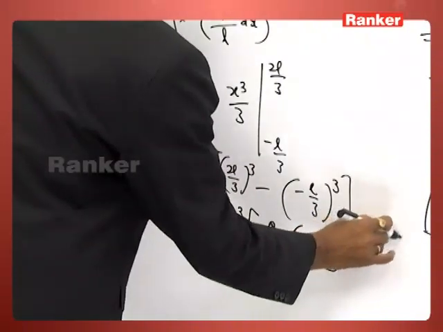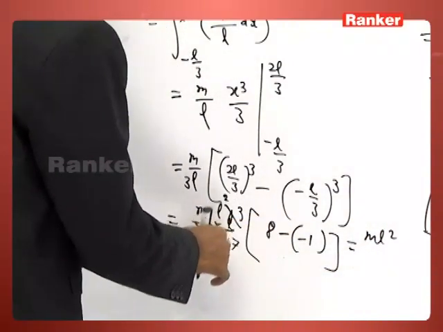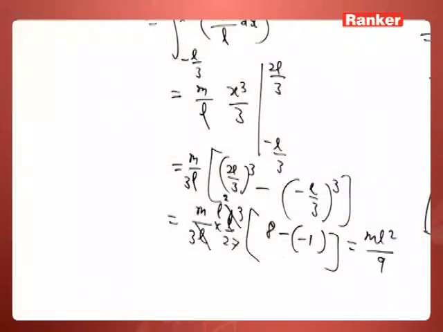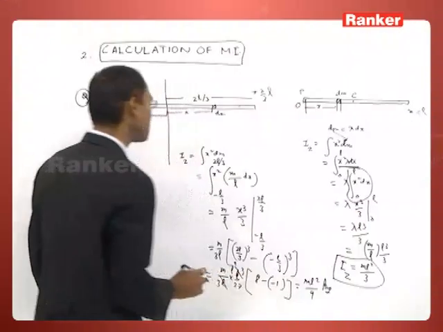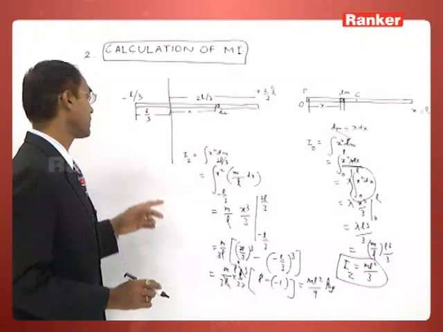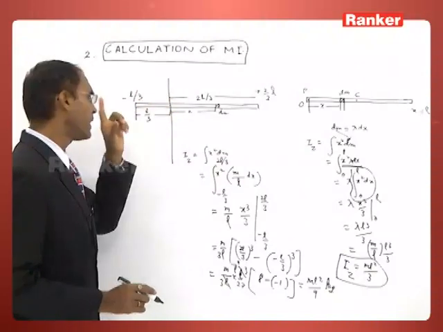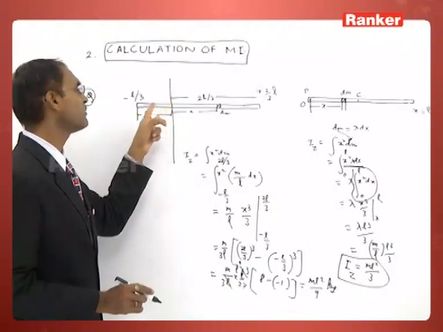So M L square by 9. So this is the answer. So using the basic principle x square dm integral, you can calculate the moment of inertia about any axis, but it must be perpendicular to the rod, passing through any point of the rod.